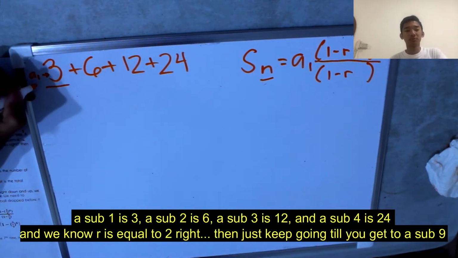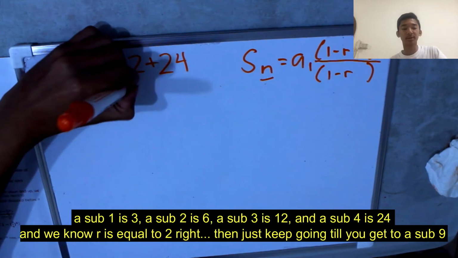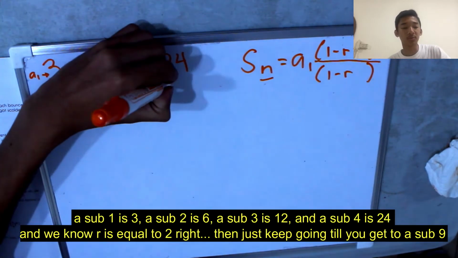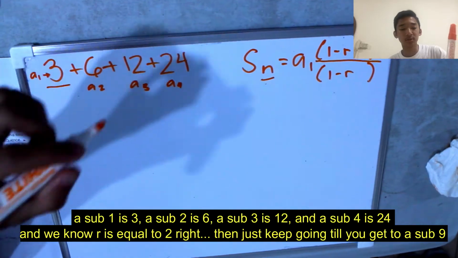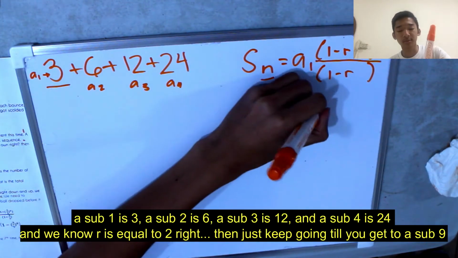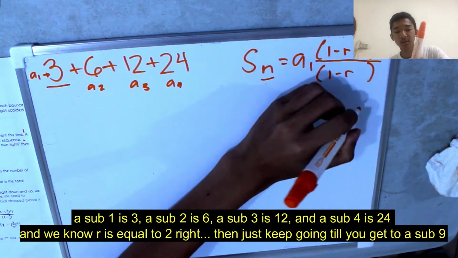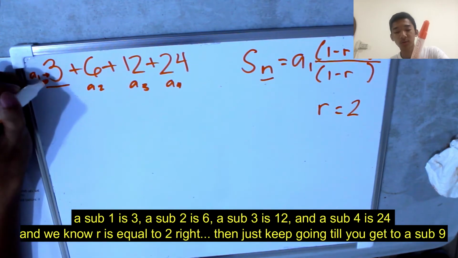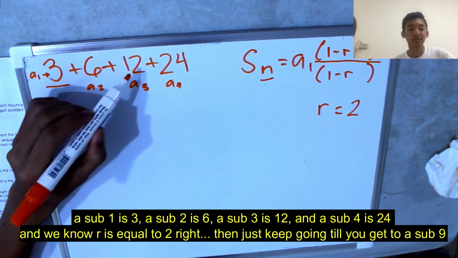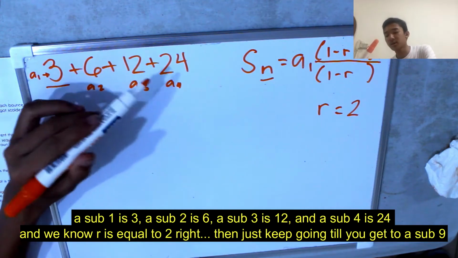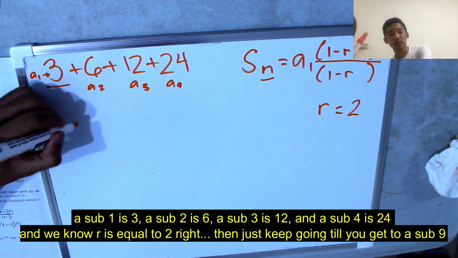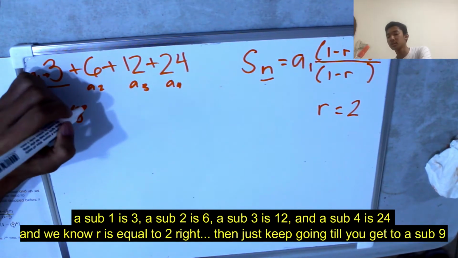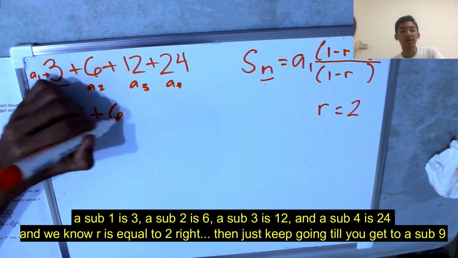A sub 1 is 3, A sub 2 is 6, A sub 3 is 12, A sub 4 is 24. So A sub 5, we know that R is equal to 2, right? So if we multiply 3 by 2, you get 6. Multiply by 2, 12. Multiply by 2, 24. And if we multiply that, you'll get 48. Multiply 48, we'll get 96.